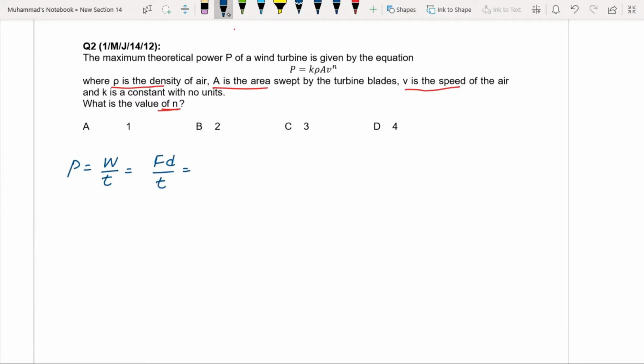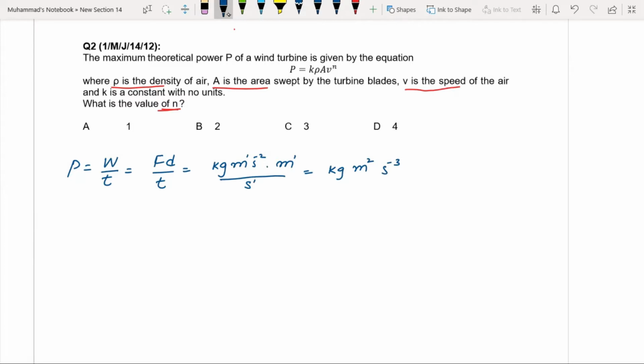Force is m a, so kg meter per second square, and times this D is meter, divided by second. So we will get kg m square, s minus 2 and this will go up, that will make it minus 3. This is the SI base unit of power.